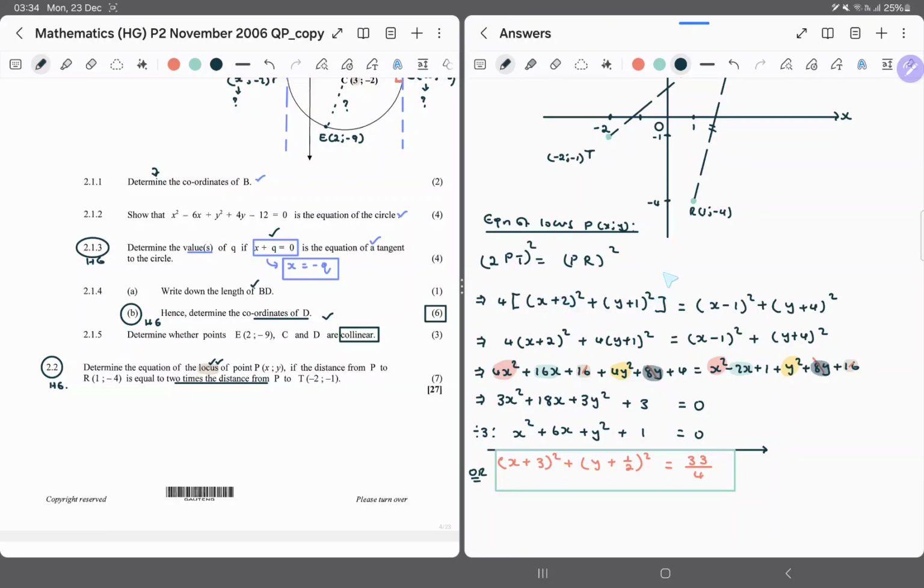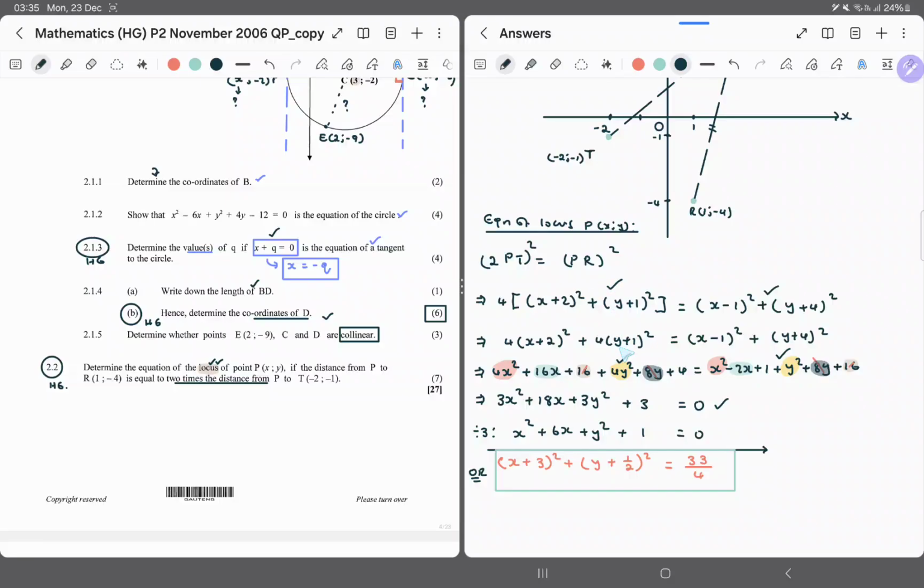Of course, for me, this is good. This is good. 2 marks. Guys, this expansion, that's another 2 marks. So this is essentially, guys, we're just doing algebra here.